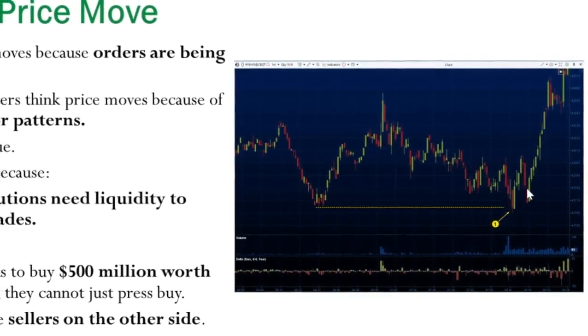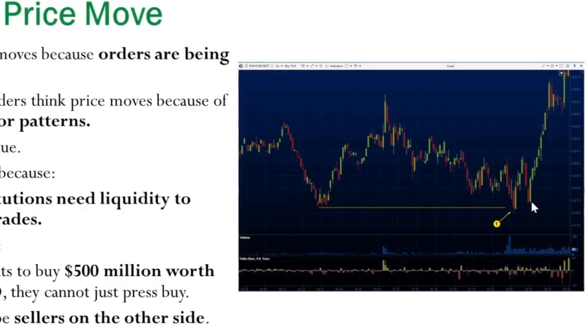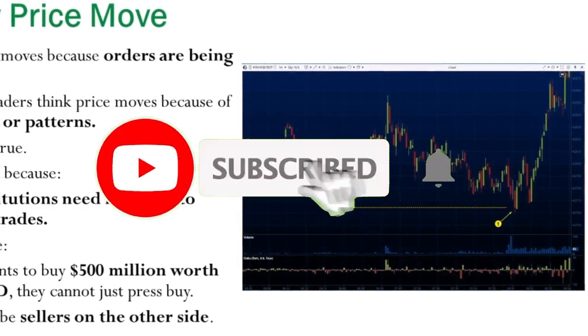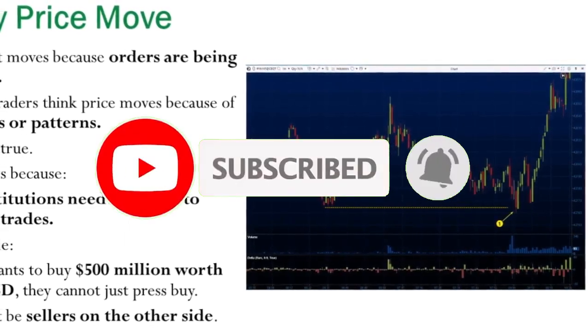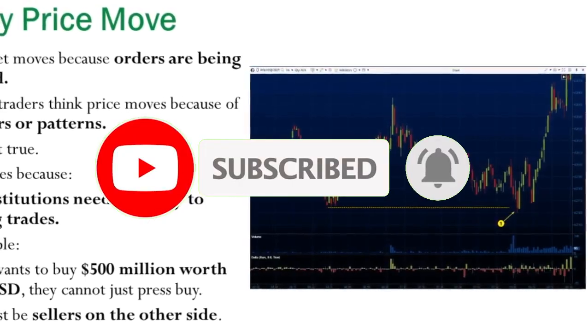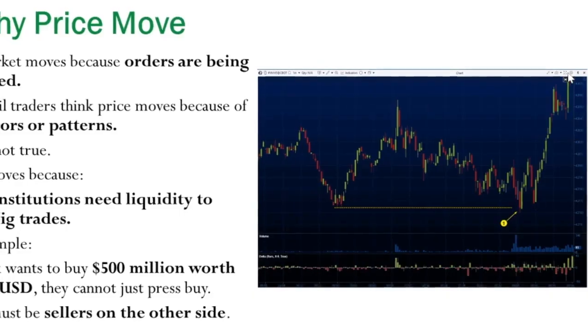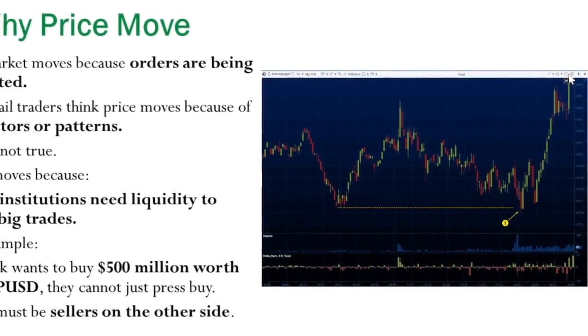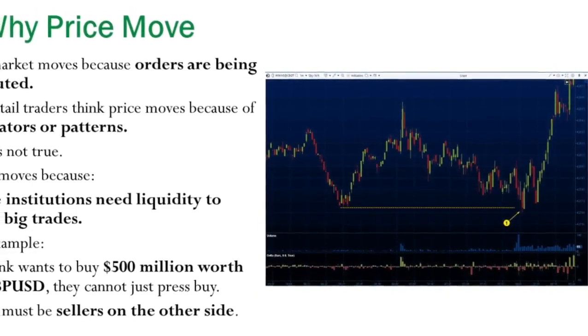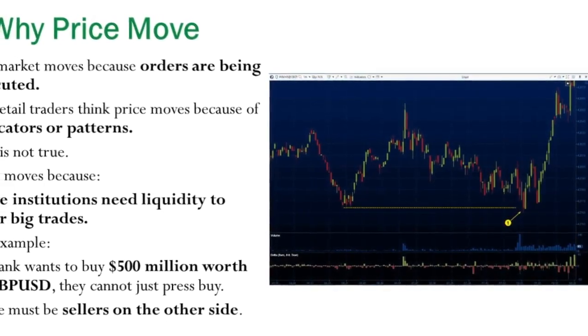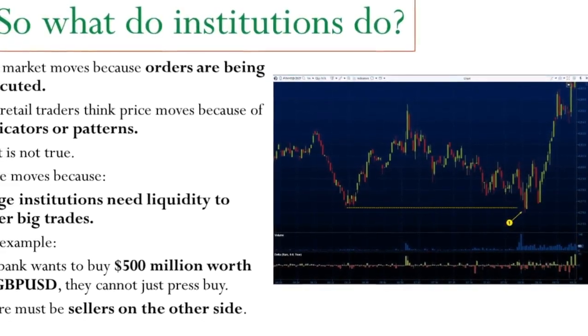And the price will come back here and they can now fill the remaining maybe $200 million, or the remaining 300, and the price will now move, boom. That is it. So they must buy at a cheaper rate. That's just nothing but the truth.